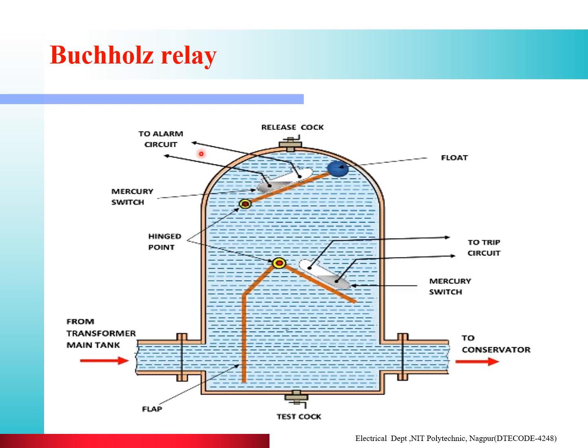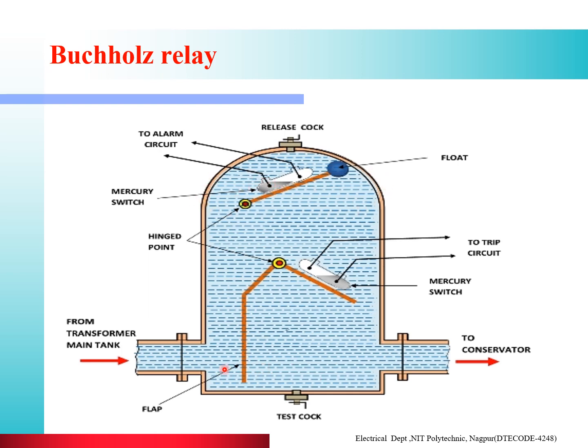This circuit is completed and it will give the alarm to the operator. Then the operator will see which type of fault has developed in the transformer. This is for the slow developing fault.